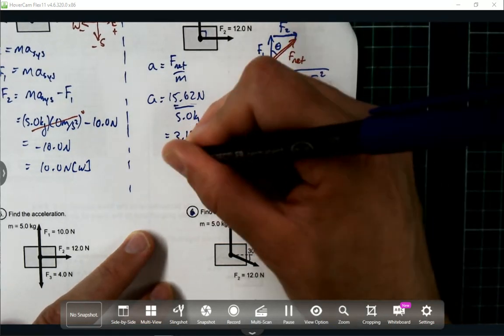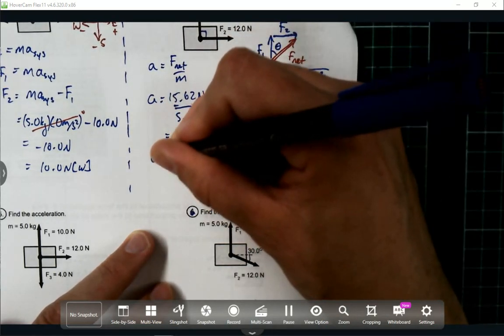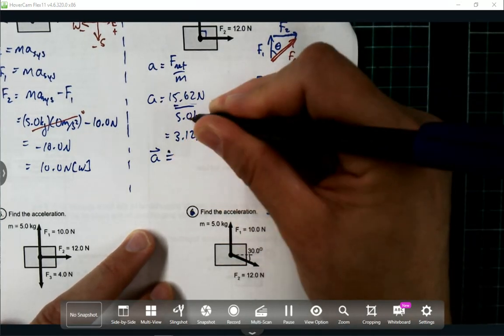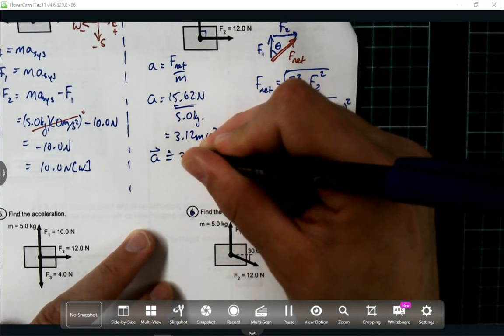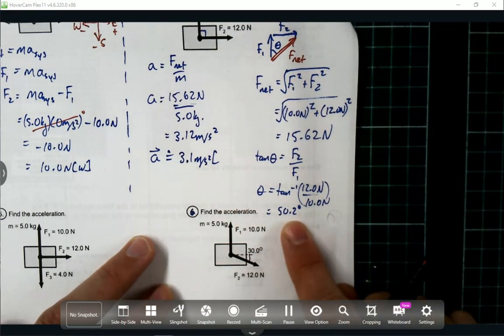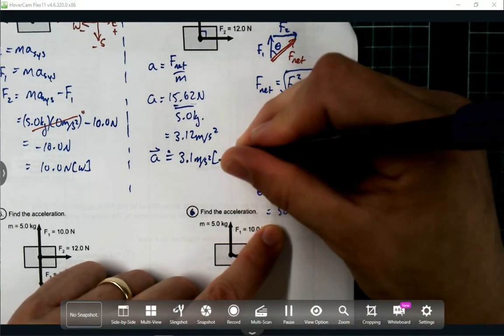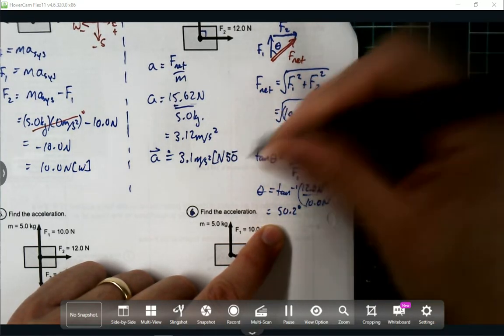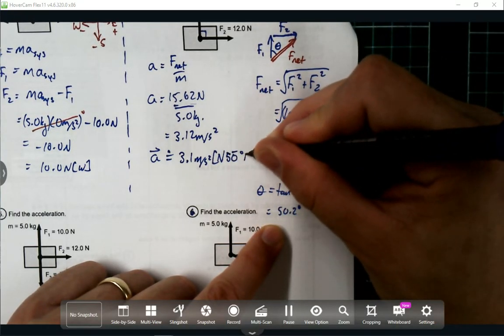And of course, I'm going to round that off to 2 sig figs, because of the 5.0 kilograms, and if I have a direction, I'll apply the direction. It is approximately 3.1 meters per second squared. And then directionally, I could say north 50, I'll put a line over the 0, degrees east.